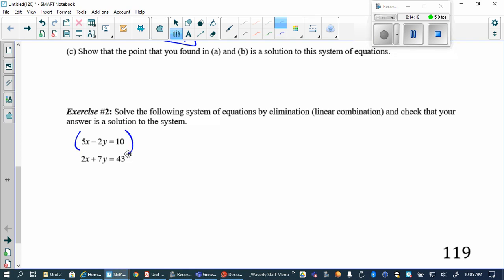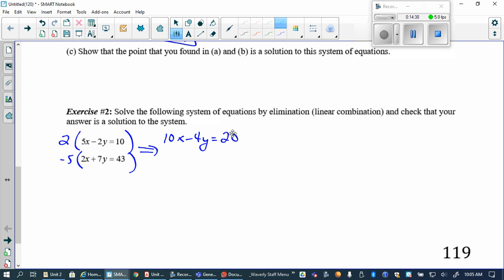All right. So a lot of you look like you were going after the x term to get it to go away, right? If I'm going to get rid of the x term, they don't go into each other, but they both go into 10. So let's make that 10x by multiplying the whole thing by 2. But I want this to be negative 10x, so I multiply this whole thing by negative 5, right? So this gives us 10x minus 4y equals 20.